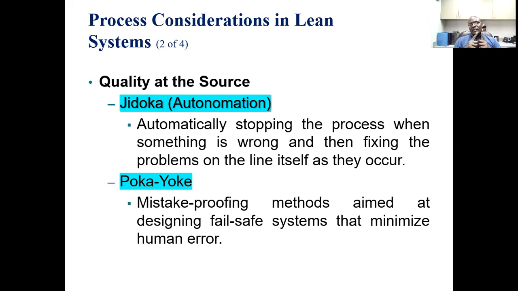The second part to that is once there's an error that's been realized, rather than just saying that it's a one-time thing, some learning has to occur. Okay, and that learning occurs by, Jidoka says, if we run into an error, stop the process, figure out what the error was. Is it something that can happen again in the future?